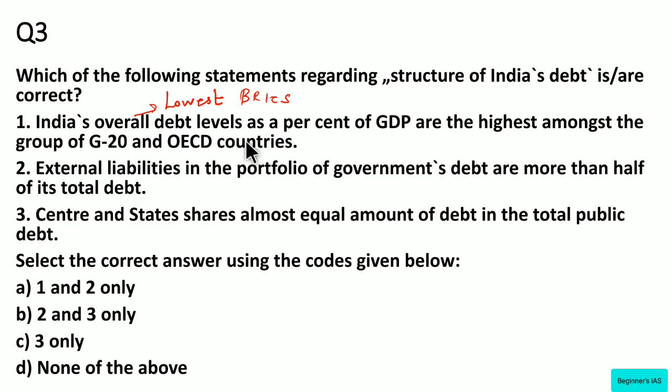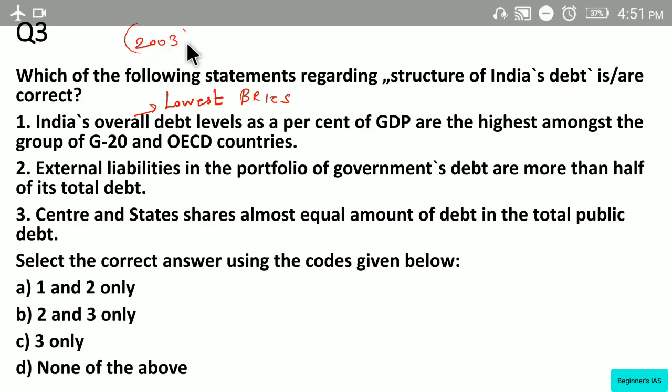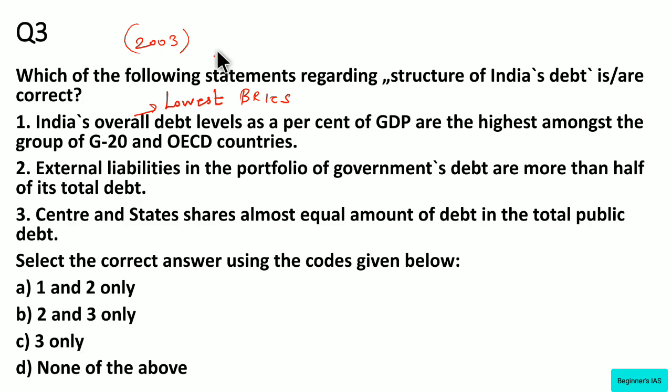Moreover, public debt and overall debt level for India has declined from 2003 and has been stable since 2011. Here it is given as the highest, therefore this statement is wrong.